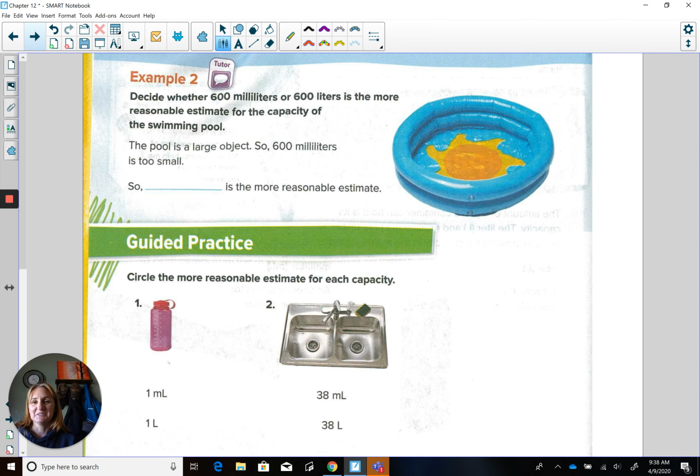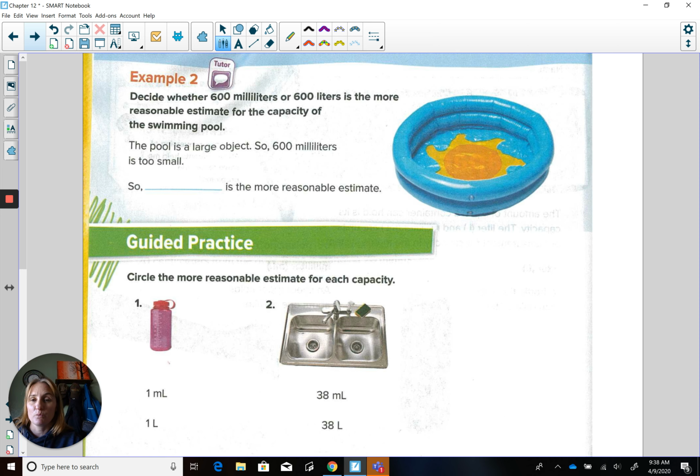The next example, decide whether 600 milliliters, so it'd be almost like 2 of those coffee mugs, or 600 liters, that would be 600 of these filled up, is more reasonable estimate for the capacity of this swimming pool.